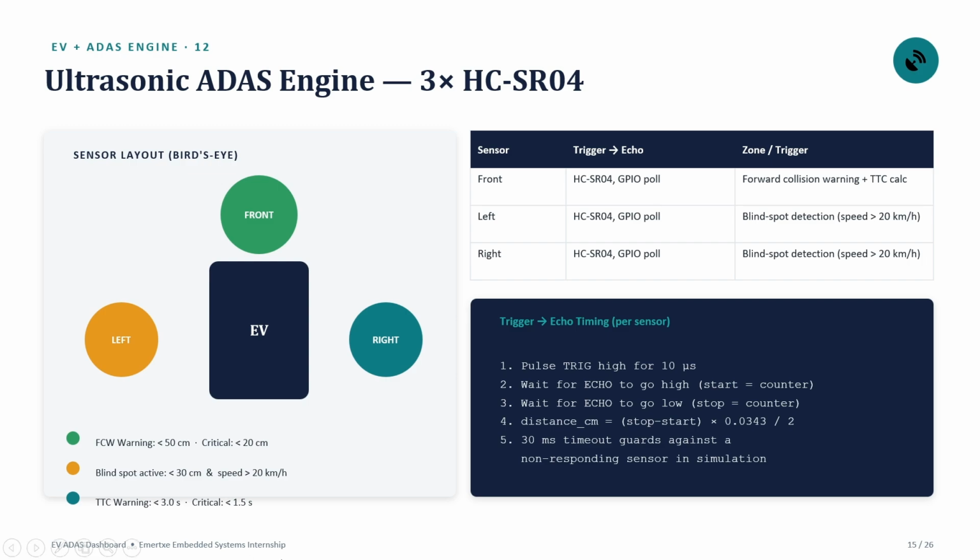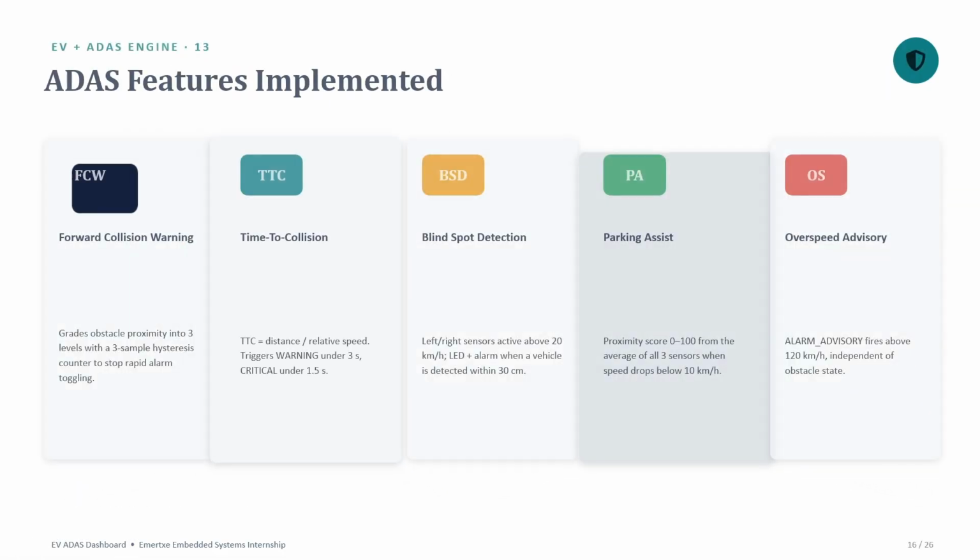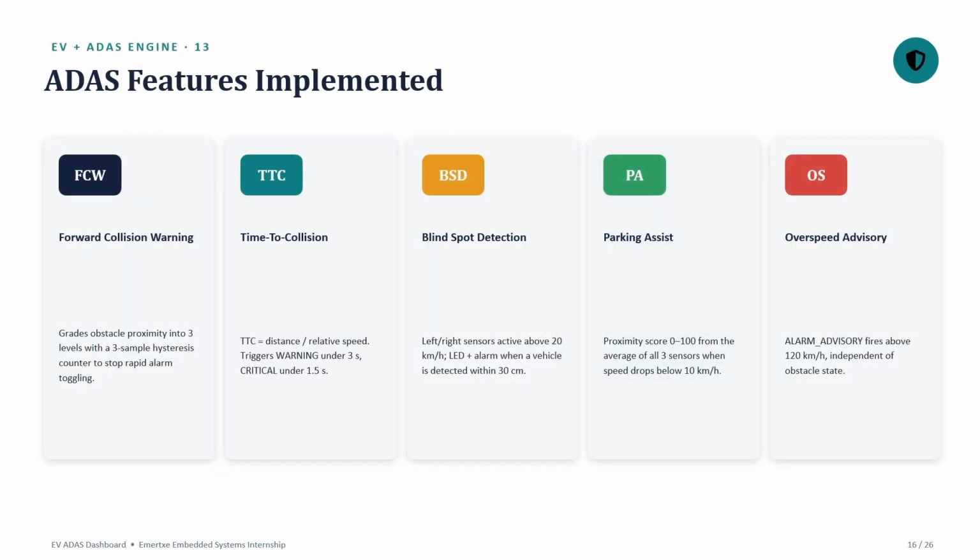Okay, so next we get to our ADAS features implemented. I've already explained the parts like front collision, time to collision, and blind spot detection. Besides that, we also have to add two other features: parking assist and overspeed advisory.